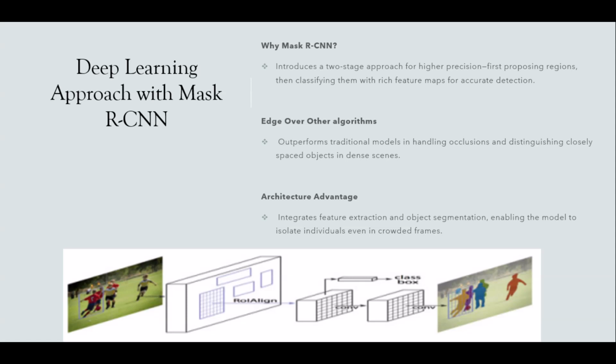But Mask RCNN outperforms all those models I've listed. So why have we chosen that? It introduces a two-stage approach for higher precision by first proposing regions, then classifying them with rich maps for accurate detection, as we can see in the image attached.